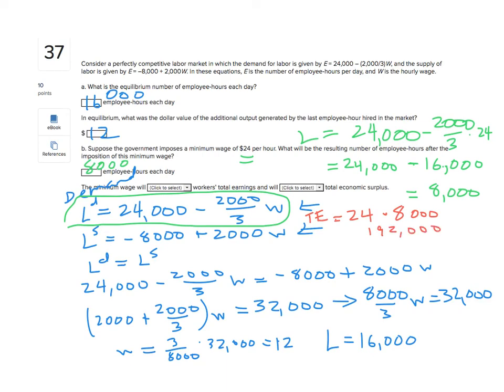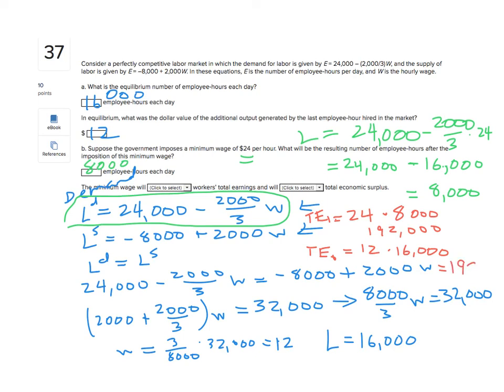And then the originally total earnings were $12 an hour times 16,000. Let's see, 12 times 16, 12 times 10 is 120, 12 times 6 is 72, so 192,000.